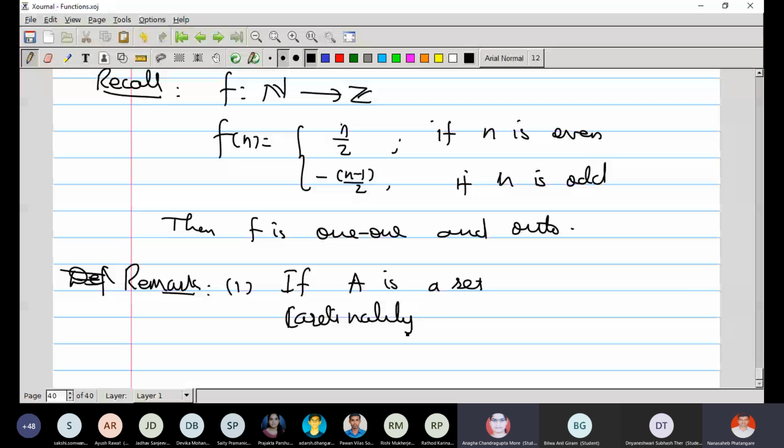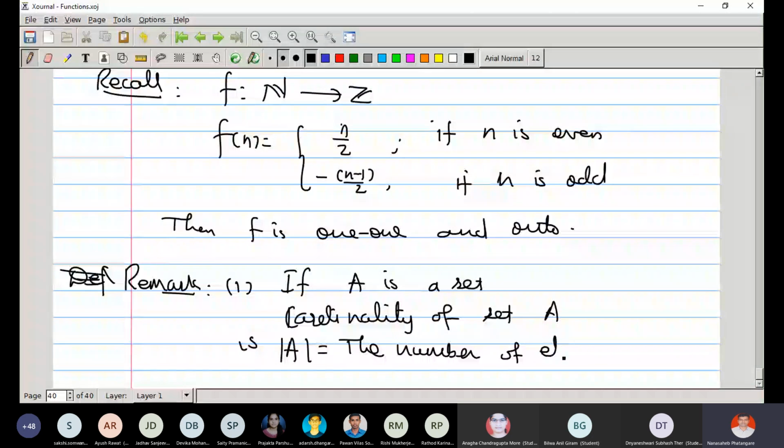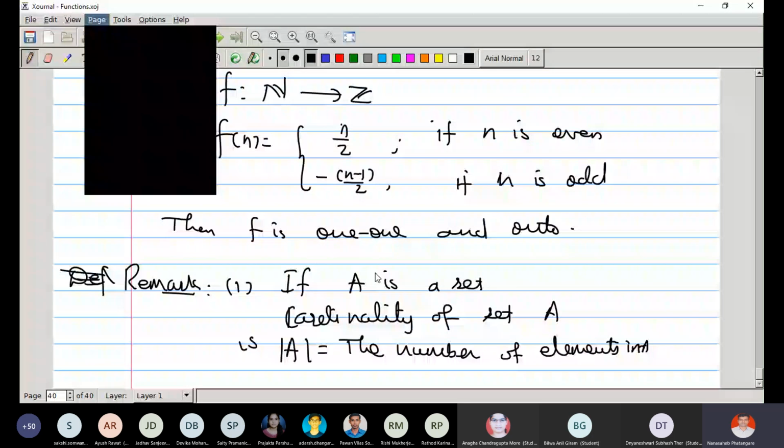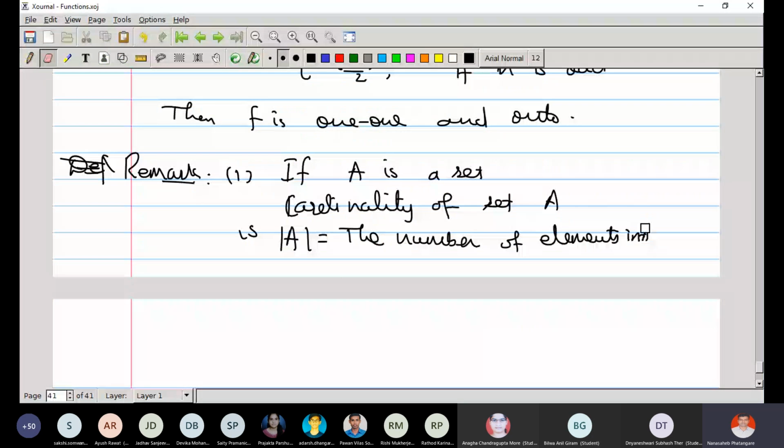The number of elements in set A. Right. We denote this by a symbol: modulus of A. So how many elements are in this set is denoted by modulus of A, which is called the cardinality of the set.